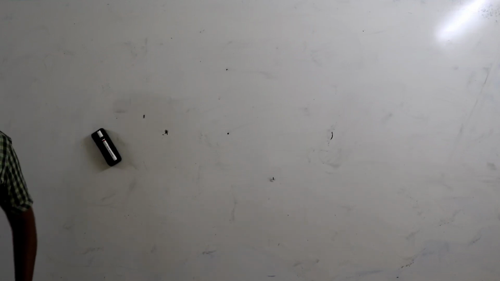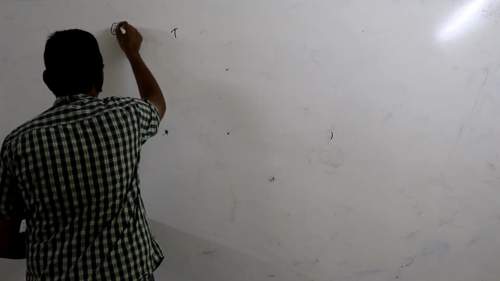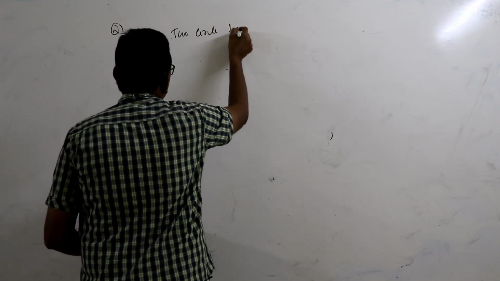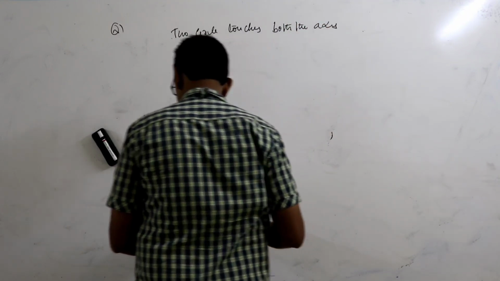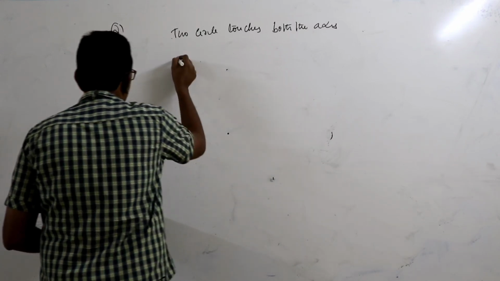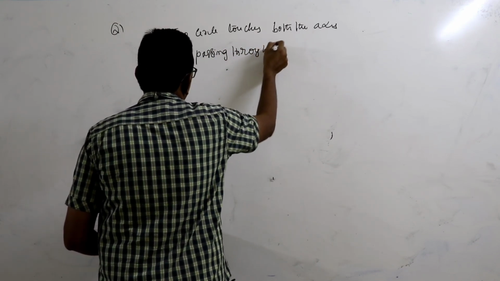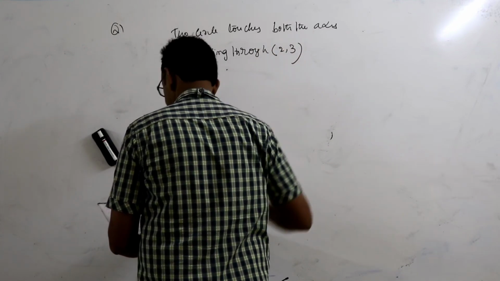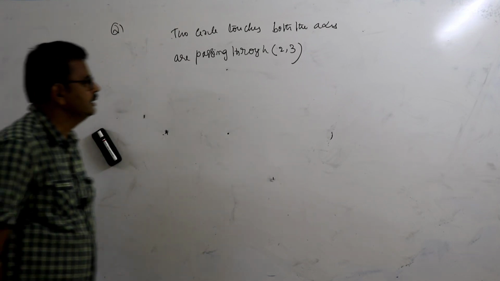Next one. If two circles touch both the axes and are passing through the point (2, 3), then the length of their common chord is?